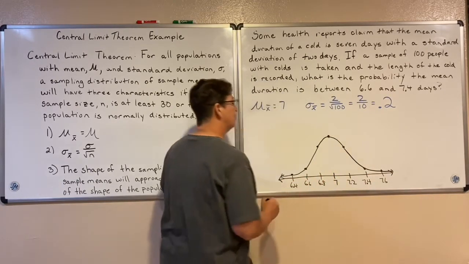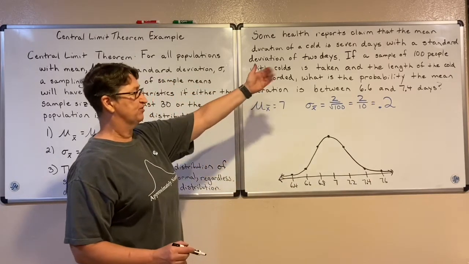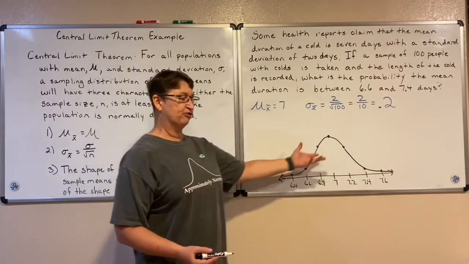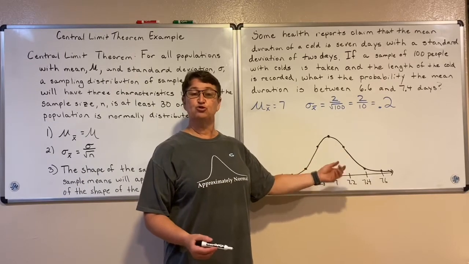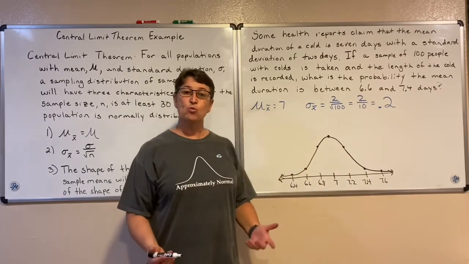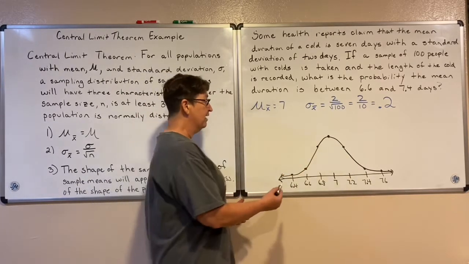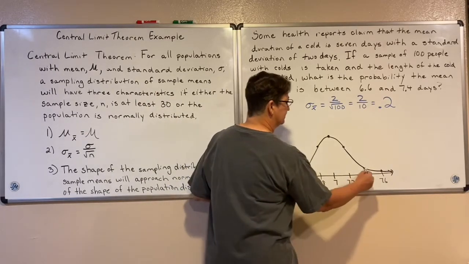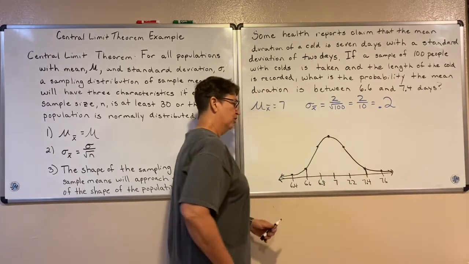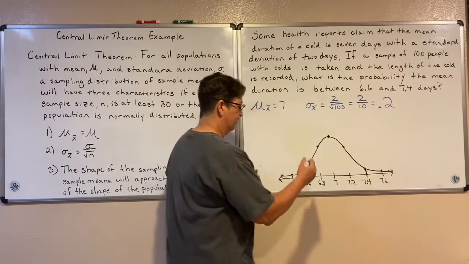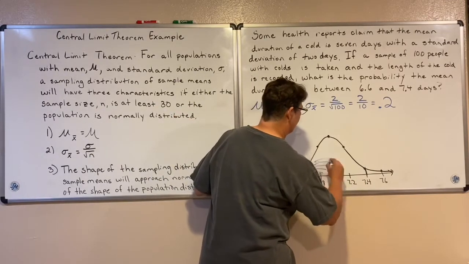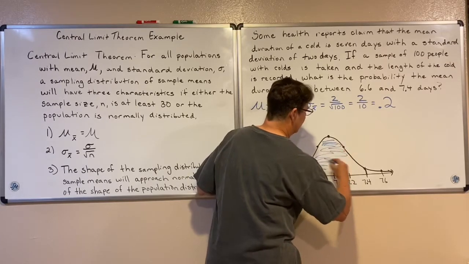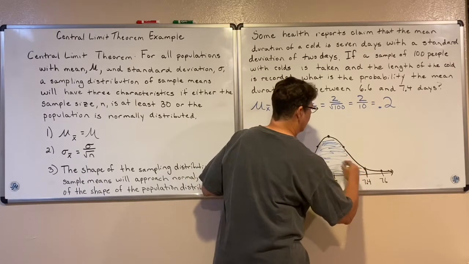And this sample mean that we've collected from this sample of 100 people falls somewhere in this distribution of sample means. We want to know what's the probability that it is between 6.6 and 7.4. What's the probability that that mean falls somewhere in here in our distribution?